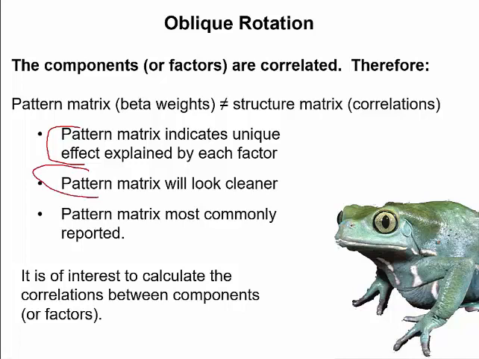And the pattern matrix will generally look cleaner. It will come closer to providing a simple solution than will the structure matrix. And the pattern matrix is the matrix that is most commonly reported when you report your results, say, in a journal article. And finally, when you do oblique rotation, it is of interest and it is important to calculate the correlation between your components or factors and to report that correlation.